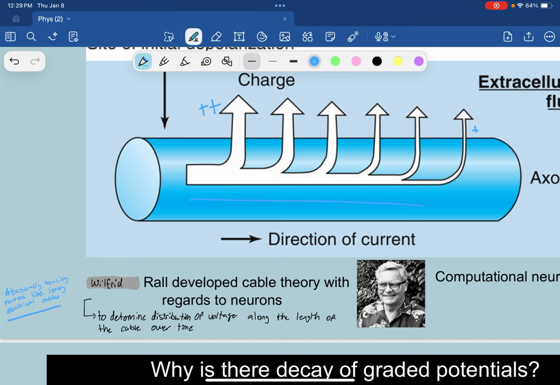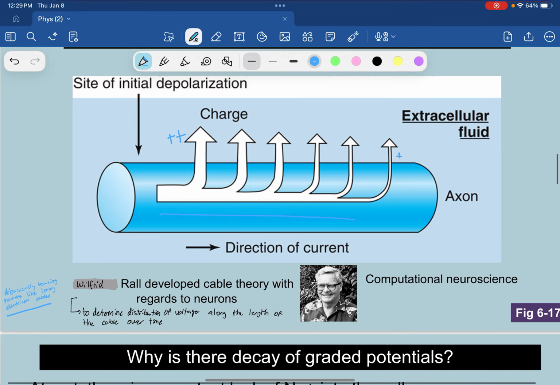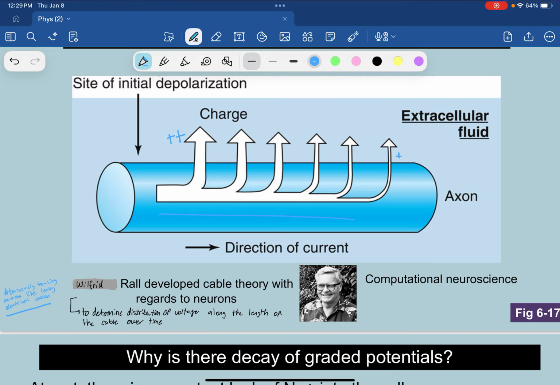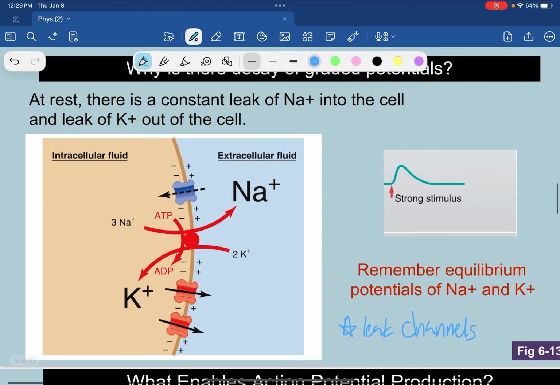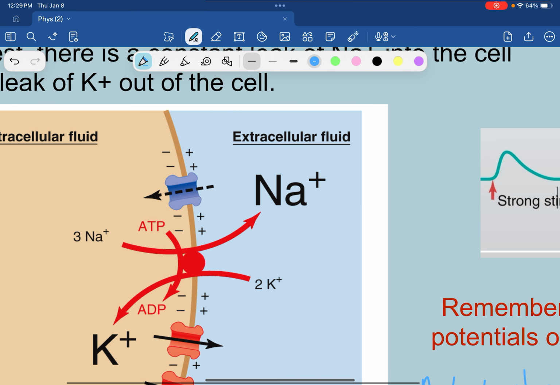It basically allows them to determine the distribution of voltage along the length of the cable over time, and that takes into account the leak channels and the resistance and all of that. So down here is another example of how it gets back to its resting potential.